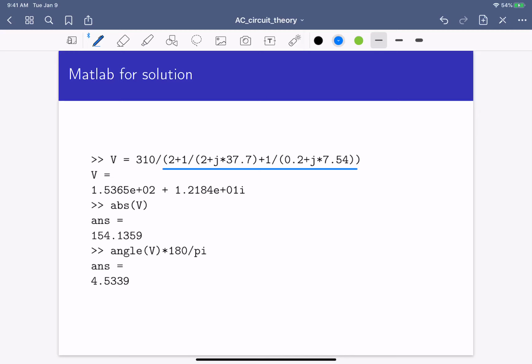So you solve, and you get this value for V. You'll need to write it in phasor notation, so you have to use the abs function to get the magnitude, and use the angle function to get the angle. The angle will be in radians, so we want to convert it to degrees, so we multiply by 180 divided by pi.